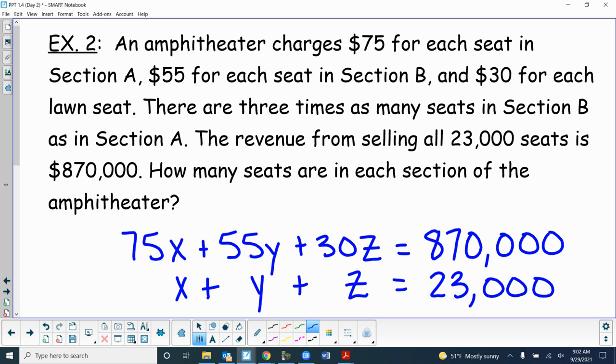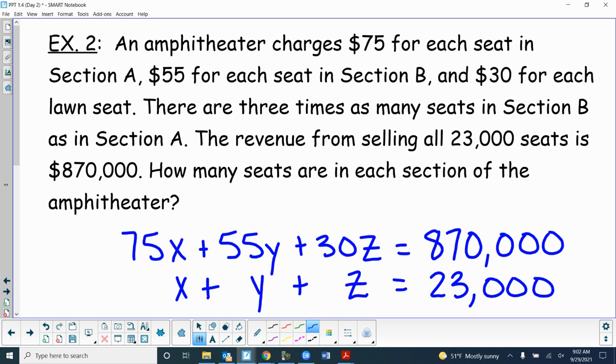Okay? So they're going to give you that type of information. How much you're going to make and how much you're selling, or how many tickets you could sell. All right? Now, look at that second sentence. It says there are 3 times as many seats in section B as in section A. So if I'm 3 times as old as you guys, you're going to multiply me by 3 or you by 3?